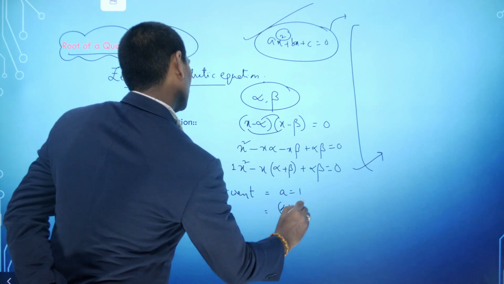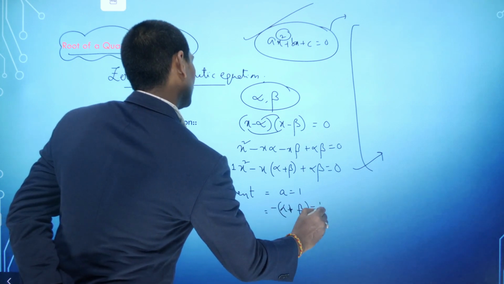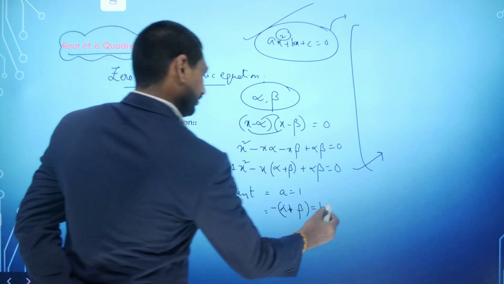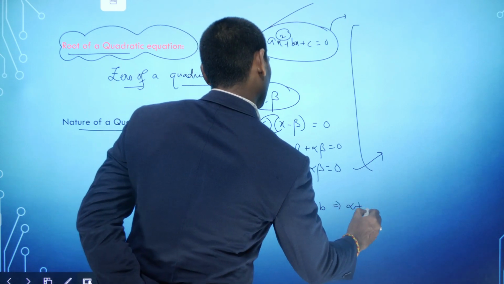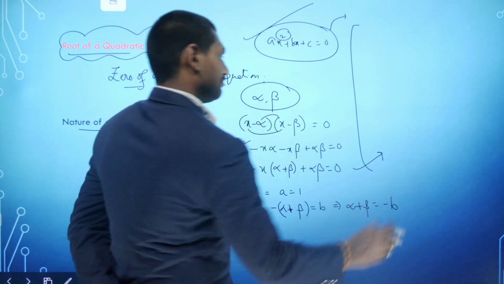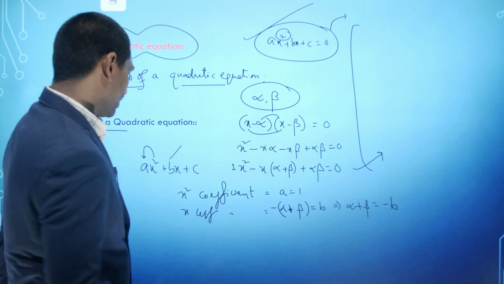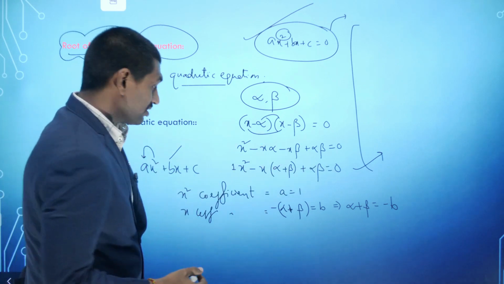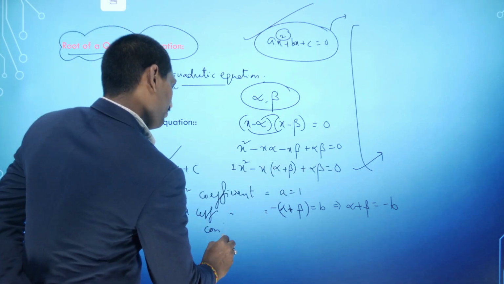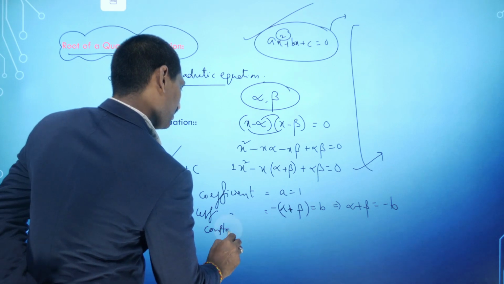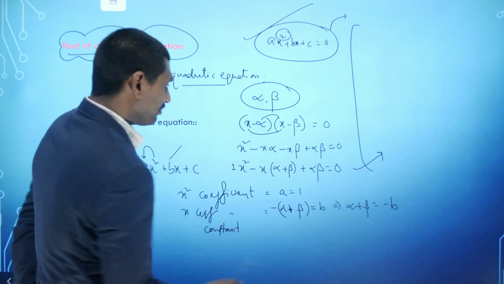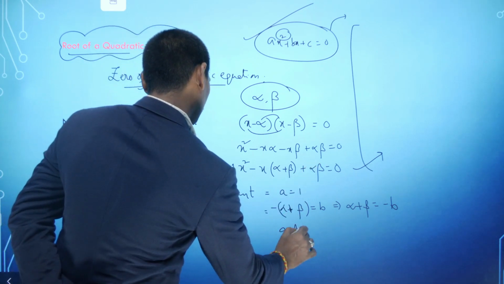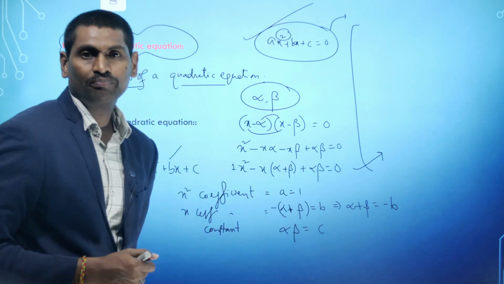That is nothing but minus (alpha plus beta) is equal to b. Simply we can say that alpha plus beta is equal to minus b. Okay. Now the constant terms, when you compare the constant terms, alpha beta equals c.